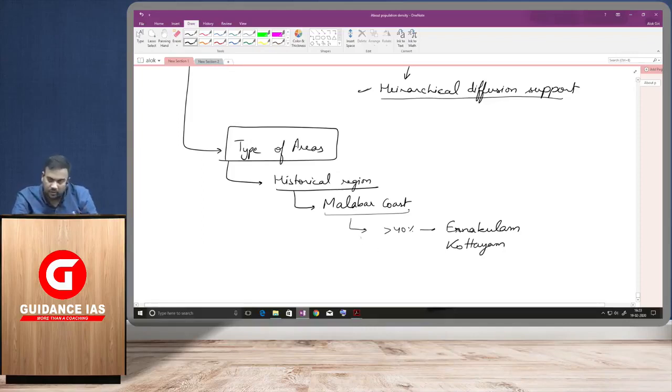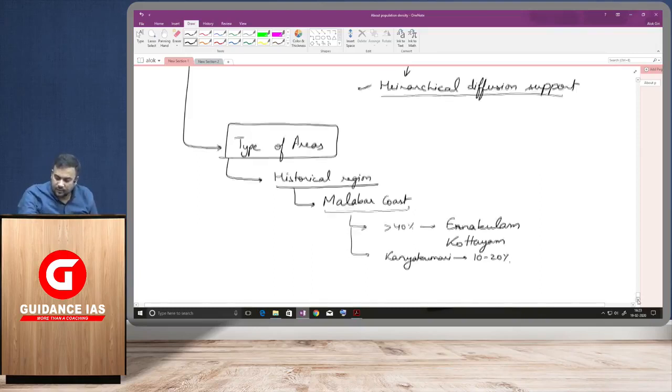It has also spread from the Malabar coast to other areas like Kanyakumari, where the concentration was between 10 to 20%.